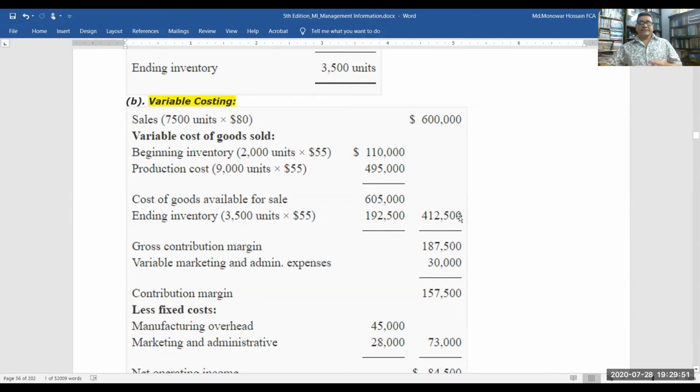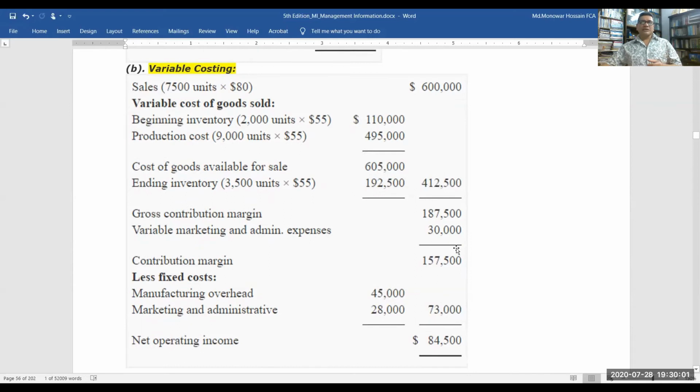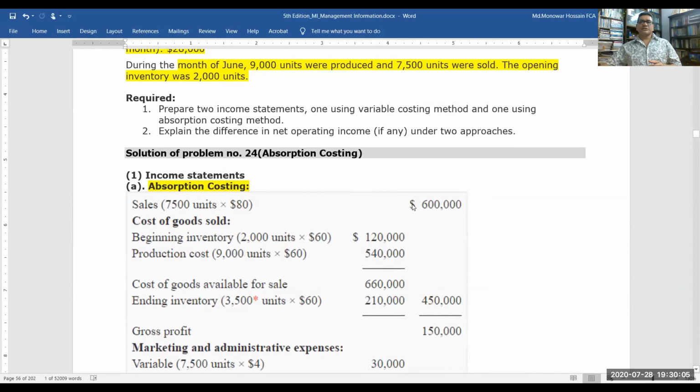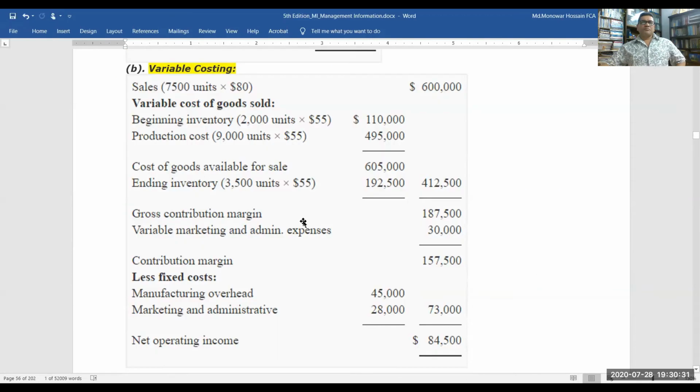From the sales, if we subtract it, we get a gross contribution margin of 1,87,500. From the contribution margin, we subtract the variable marketing and administrative expenses of 30,000. Look here, it is 4 multiplied by 7,500 units, which gives 30,000.